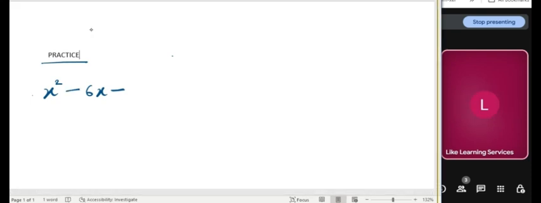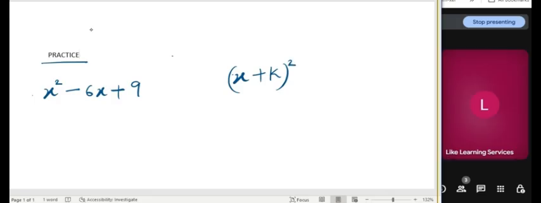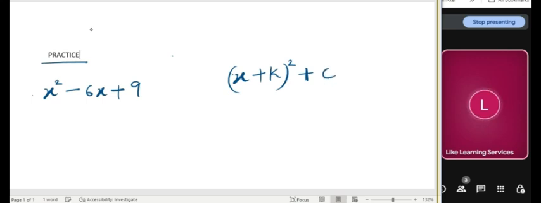Minus 6x plus 9. You have to rewrite the expression in the form of x plus k raised to power 2, then plus whatever constant, plus or minus c.